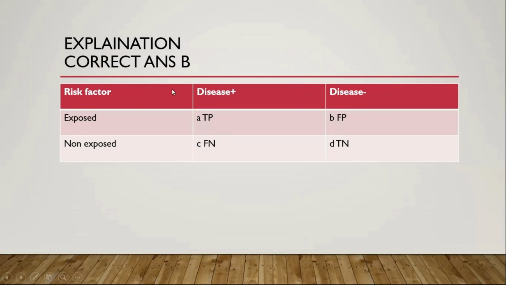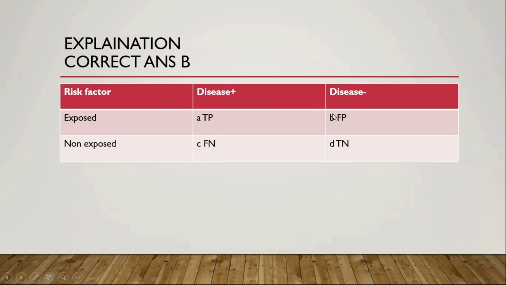The answer is B. So please make this 2 by 2 table. Write risk factor, disease present, disease absent. Write exposed, non-exposed. If the person has disease positive and exposed, then it is true positive, that is A. If the disease is not there but the person is exposed, then it is false positive, that is B. If the disease is present but the person is non-exposed, then it is C, false negative.